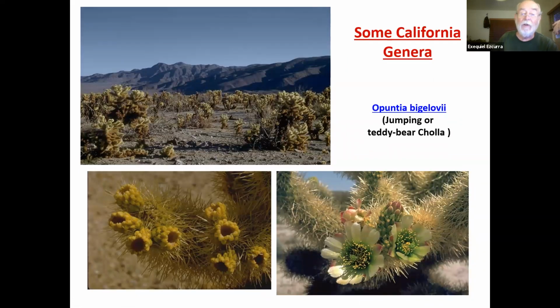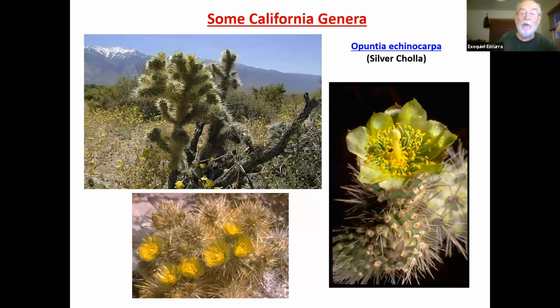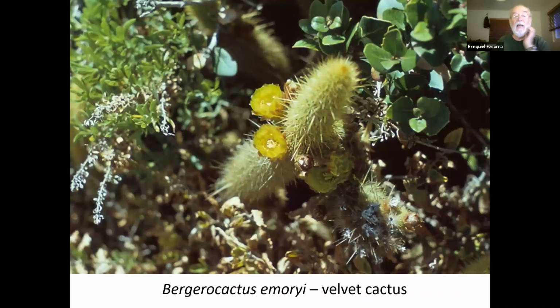Oh, here we have the teddy bear cholla that I mentioned, the silver cholla or Opuntia echinocarpa, the chollas in general, and last but not least, near our coast in Torrey Pines, near La Jolla, and in some parts of our coast. Most of our coast, unfortunately, is developed, and this plant survives in only a few places. It's Cylindropuntia or Opuntia, the velvet cactus, a coastal cactus.